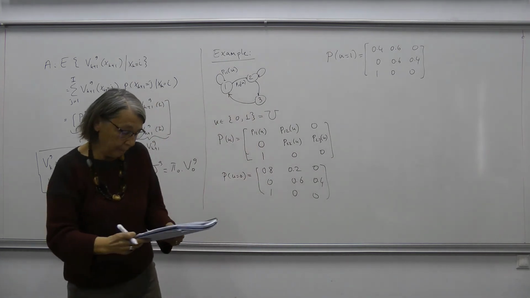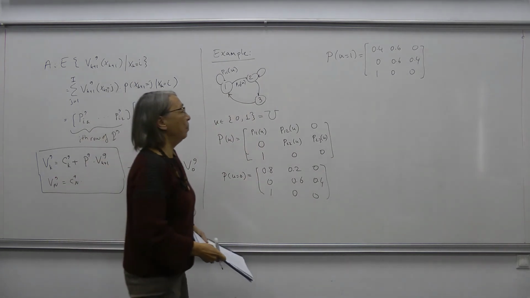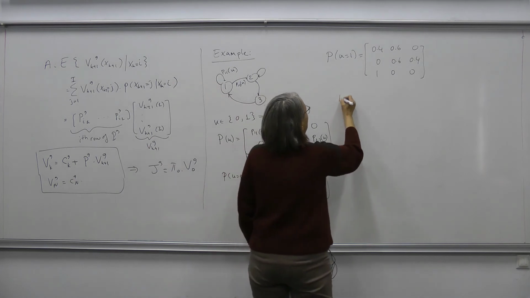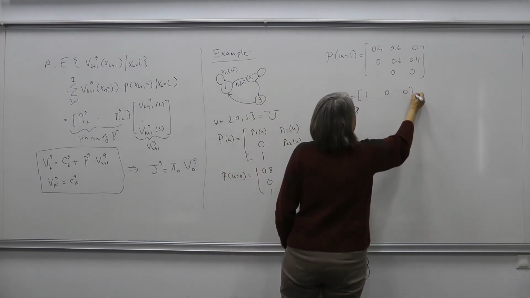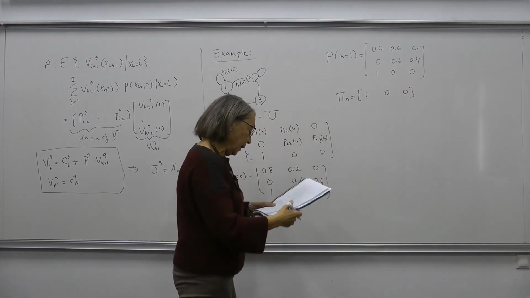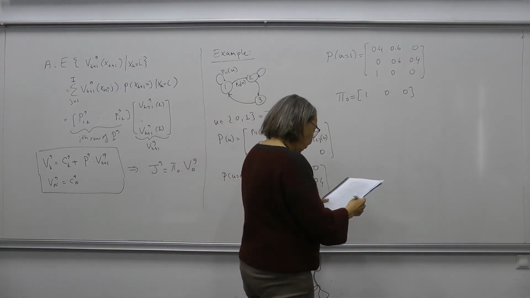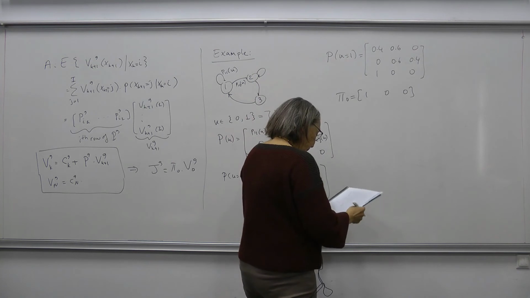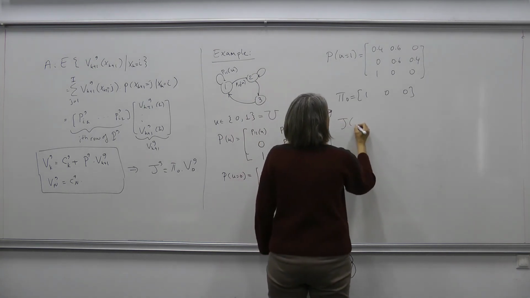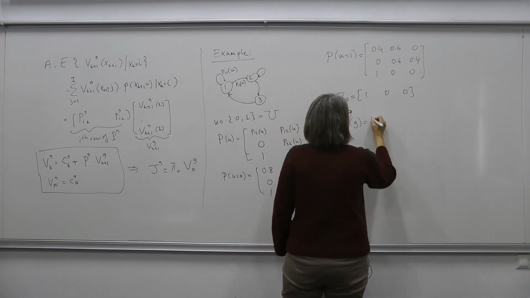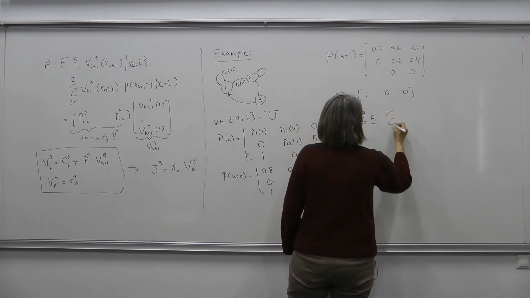Now, the problem is not completely specified yet. We have to write what pi 0 is. Let us say that this is 1, 0, 0. And still we don't know what the objective function is. We have written the objective function as J of g, which is the expected value of the sum.